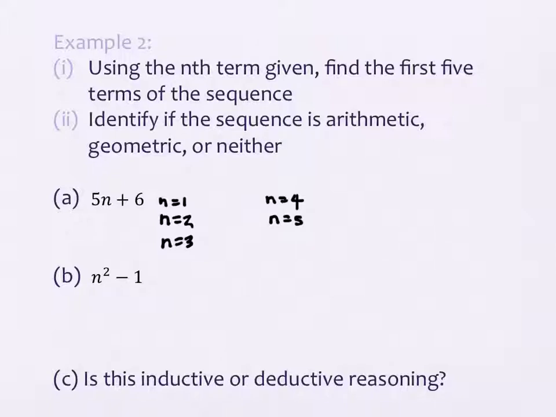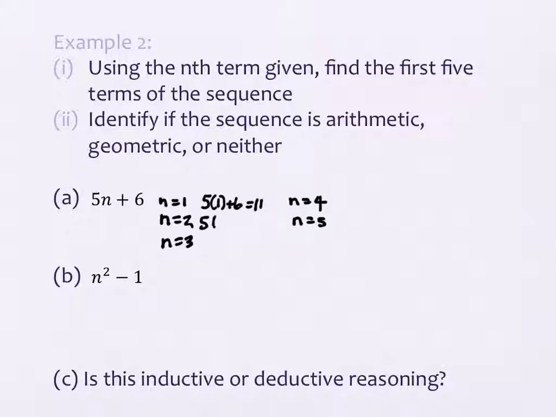All right, what happens when you plugged in n equal to 1? It was 0? On the first one? Okay, I was concerned for a moment. 5 times 1 plus 6, what do we get? 11? Okay, good. Hang on, let me scoot these over.